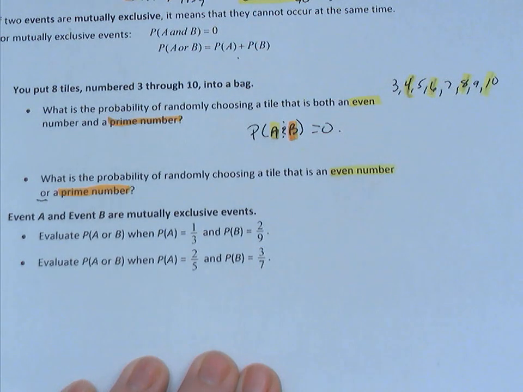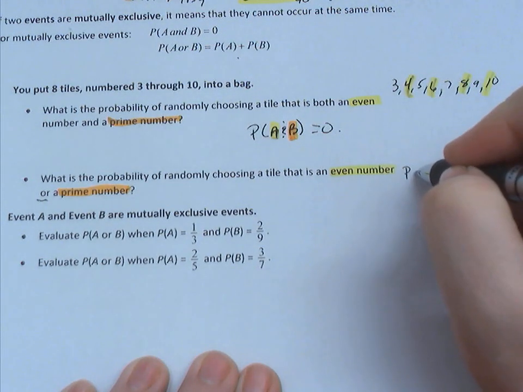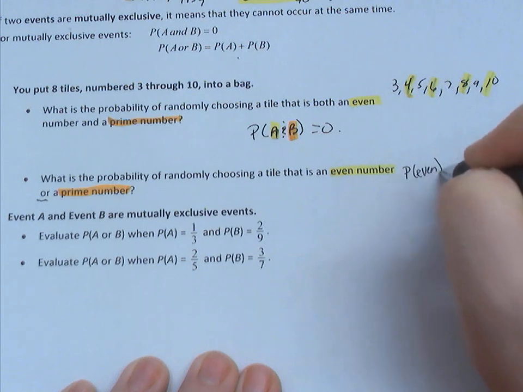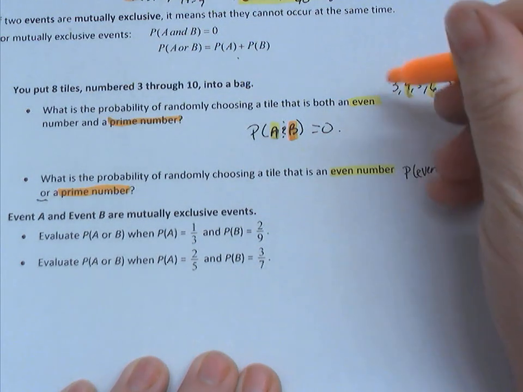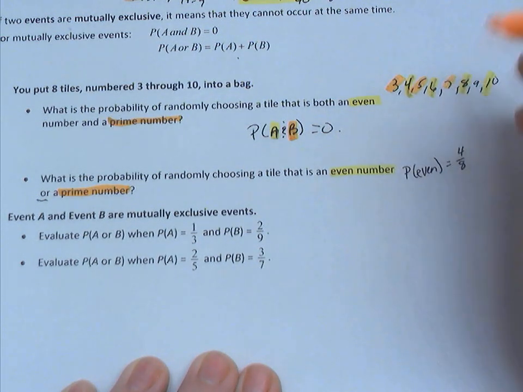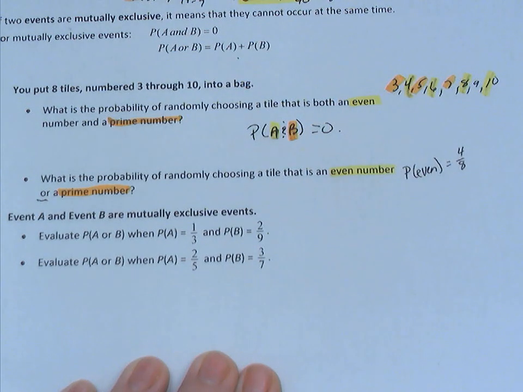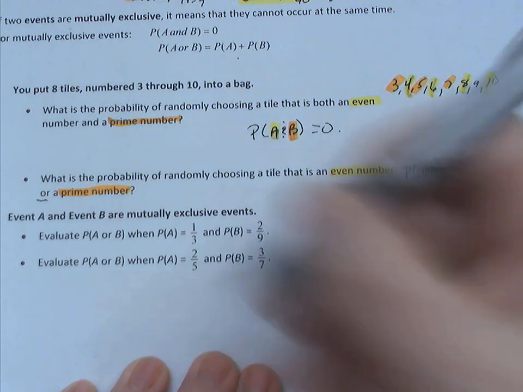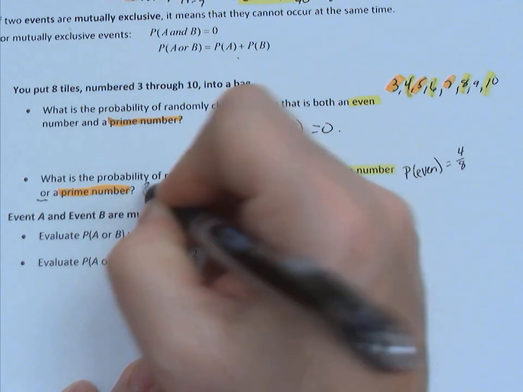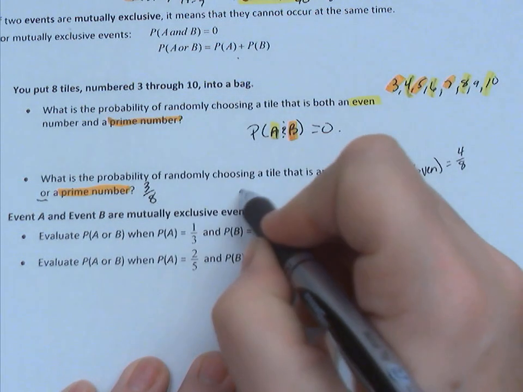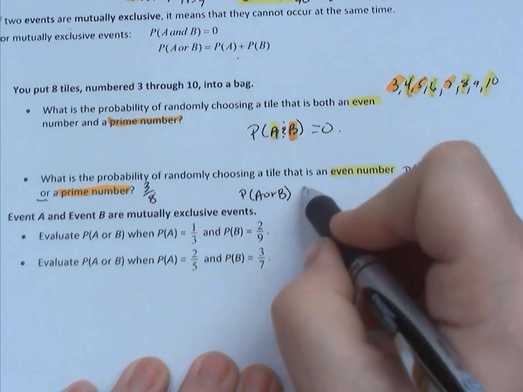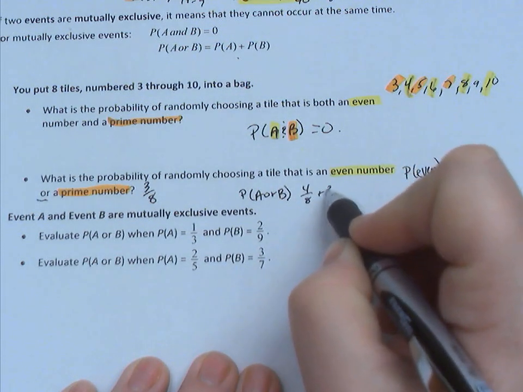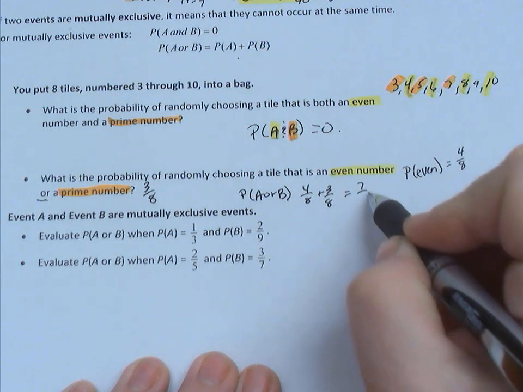There are 4 of them out of 8. So P of even is 4 out of 8. And the probability of prime: the prime numbers up here are 3, 5, and 7. 9 is not prime. So the probability of prime is 3 out of 8. To find the probability of A or B, I add these two probabilities together, so 4 eighths plus 3 eighths, which equals 7 eighths.